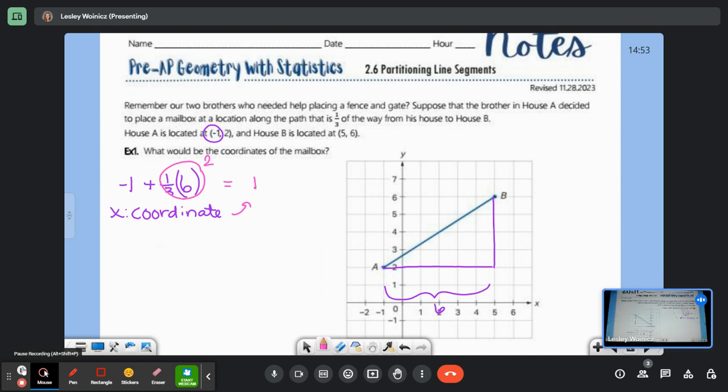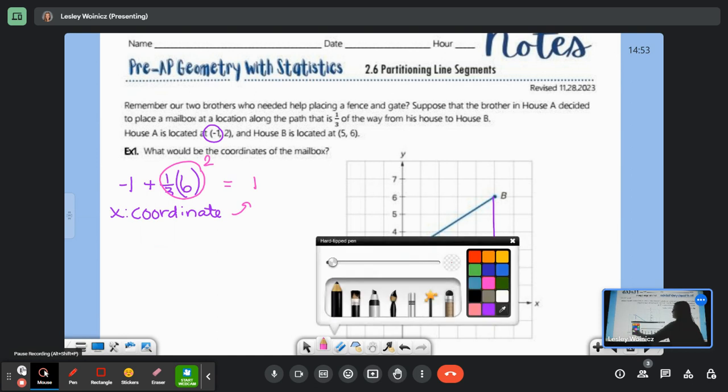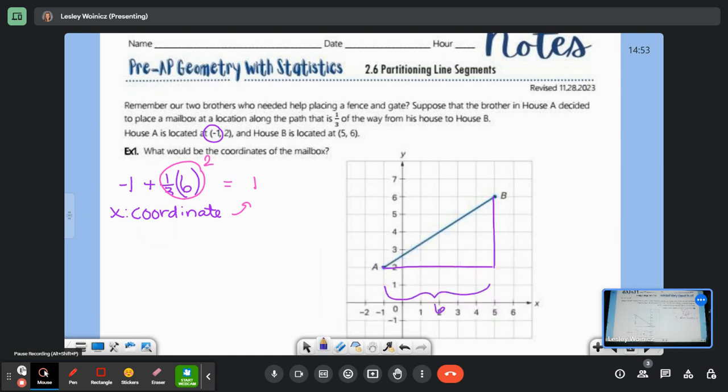Now, I saved the y's for you guys because it's a little trickier. It's not so pretty. But I want you to see if you can figure out how to find the new y coordinate. What are you going to start at? 2. So this will be the y. Okay, we start at 2, and then we have to add what third of what? 1/3 of what? Okay?